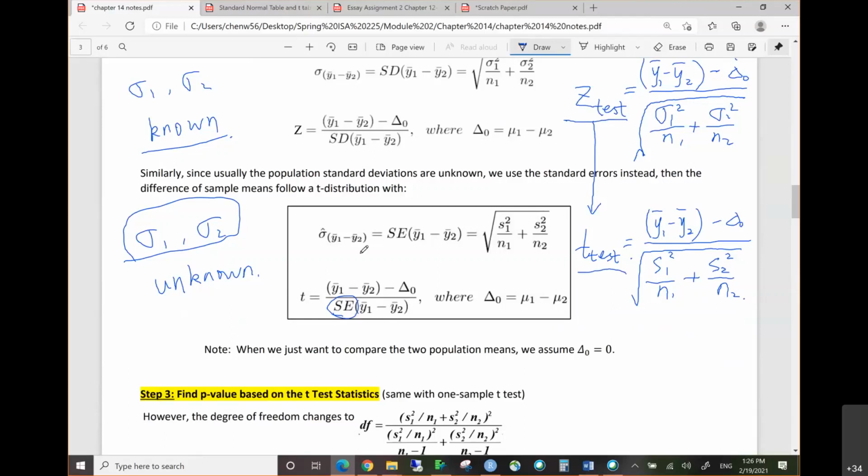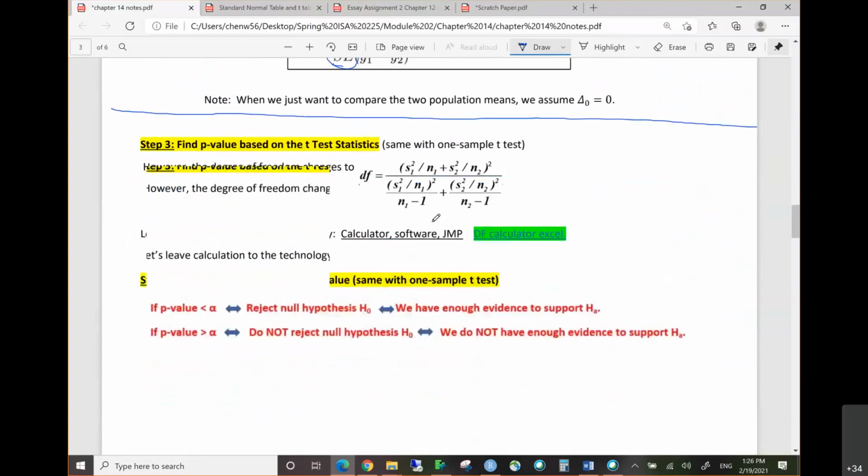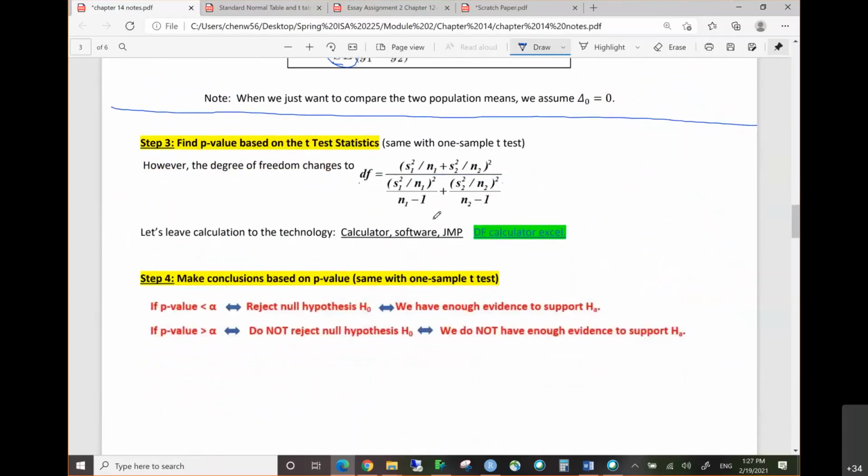All right, and this step is very, very important because you will use the test statistic to find your p-value from different tables, right? So if you have the z-test statistic, if the population standard deviations are given, then you go to the z table to find the p-value, right?